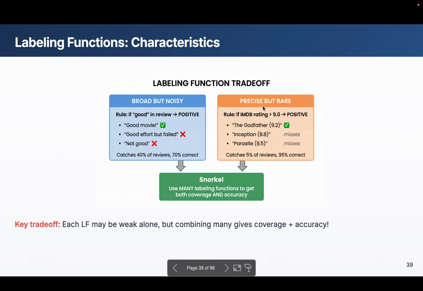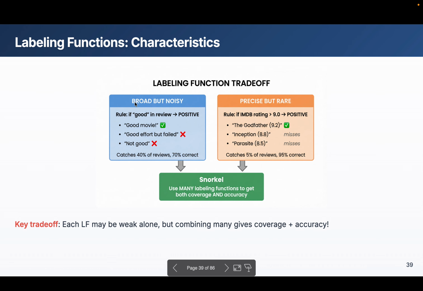But if you pick a labeling function which is more precise but rare, like if the IMDb rating is greater than 9, this will likely be available in a lot fewer movies, but wherever it is available, it will likely be very positive. It will probably be very correct. So this is precise but rare.